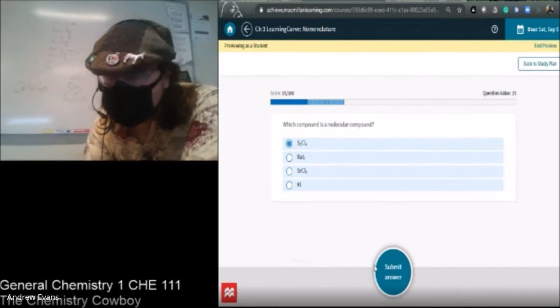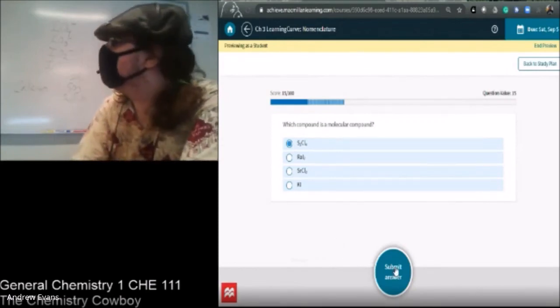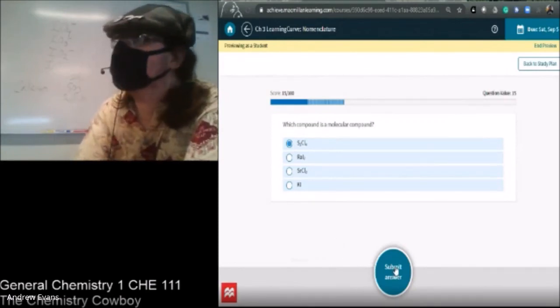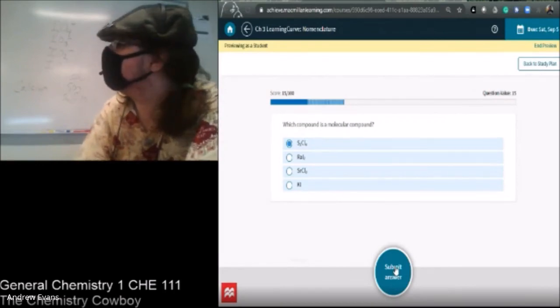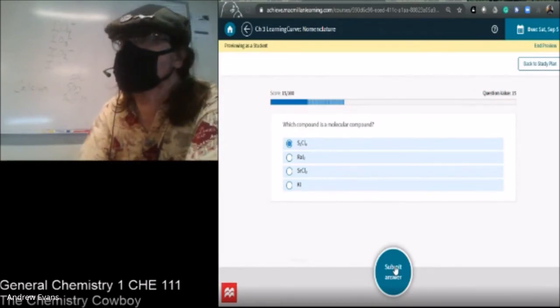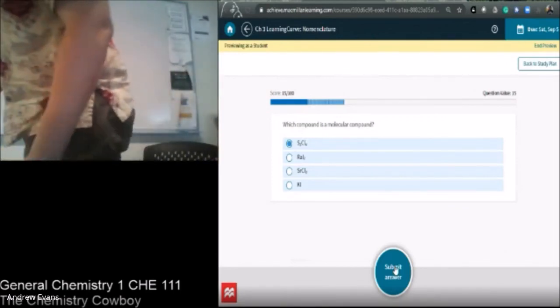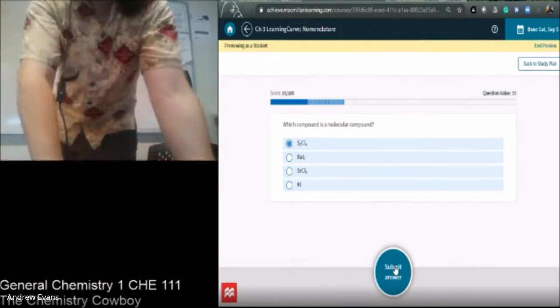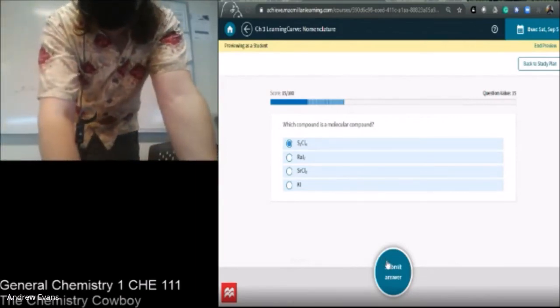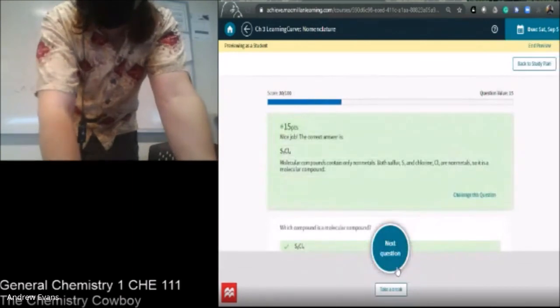So we would name that as, if that's S1, I can't really see it from the side, is that S1Cl4 or is it S something else? Okay, so if that's S2Cl4, we'd call that disulfur tetrachloride.